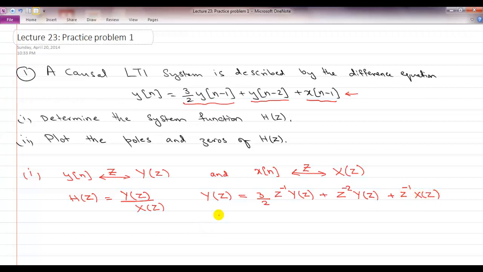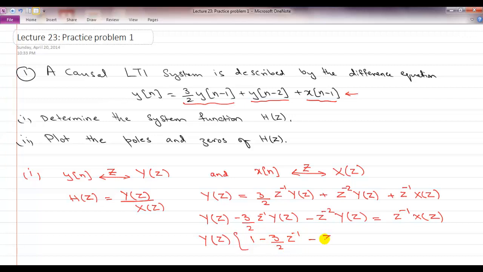Now you collect all the Y terms on one side, the X terms on the other side. So you bring the Y terms to the left hand side, equal to z to the minus 1 X(z). And finally, you take Y(z) common, you get 1 minus 3 half z inverse minus z to the minus 2 equals z inverse X(z).